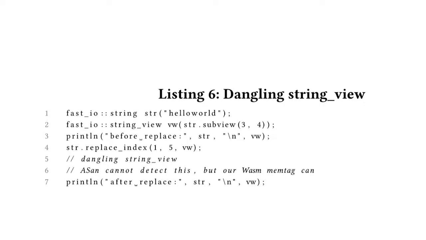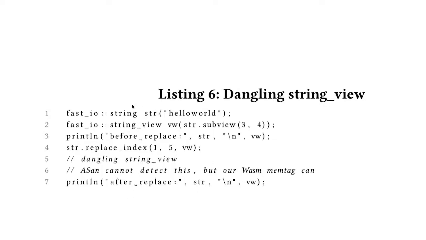Here's an example showing how it works in the real world. Like the dangling string view, ASan cannot detect it, which shows why WASM memtag is better: you can run it on every hardware, it's portable, and it can detect some bugs that ASan cannot, like this dangling string view problem.